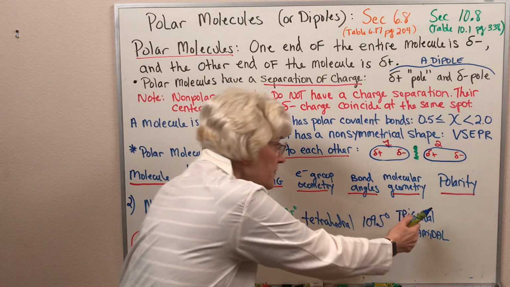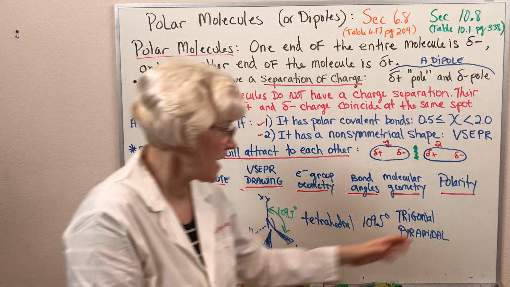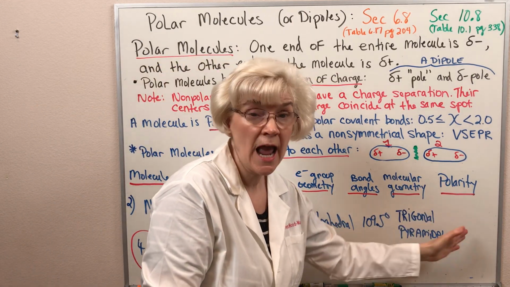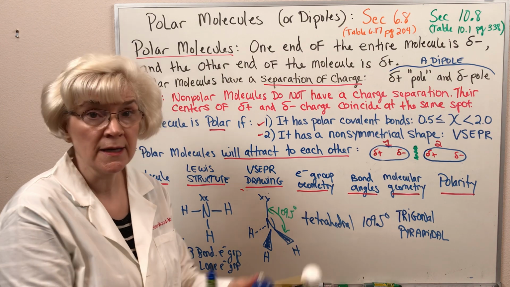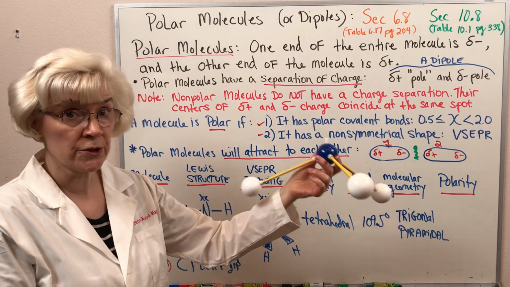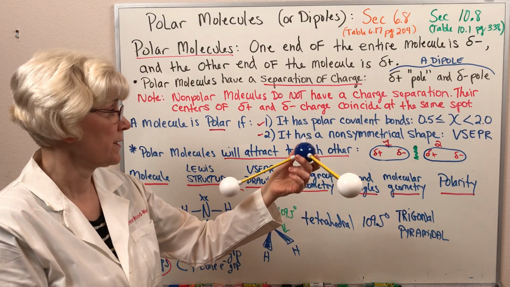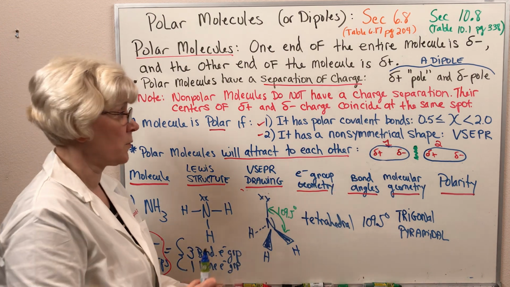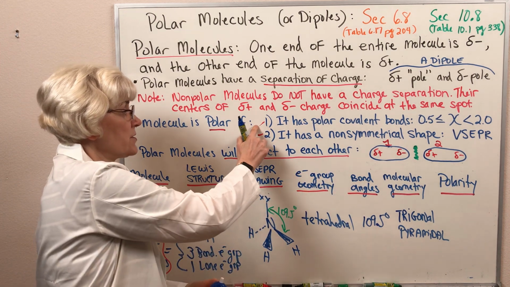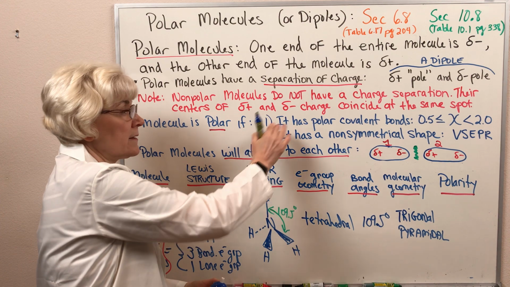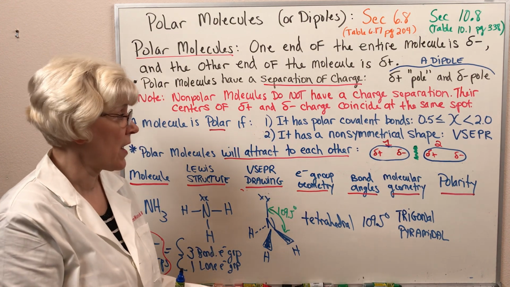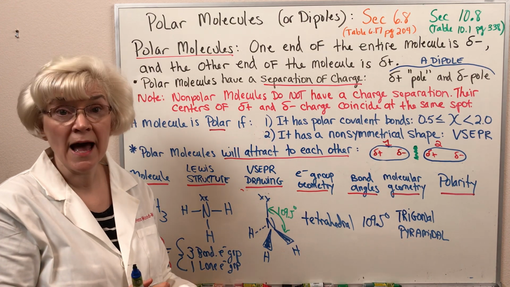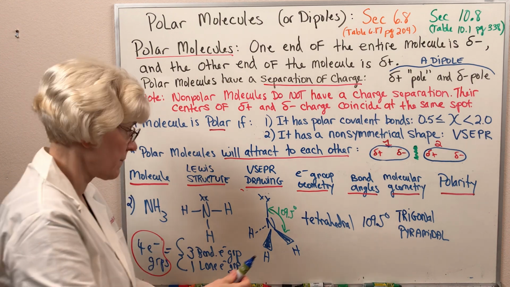Now we need all of this information to get to this last and very important question. Is ammonia a polar or a nonpolar molecule? Well, how do we answer that question? Right back to the two criteria. Does it have polar covalent bonds? And does it have a non-symmetrical shape?